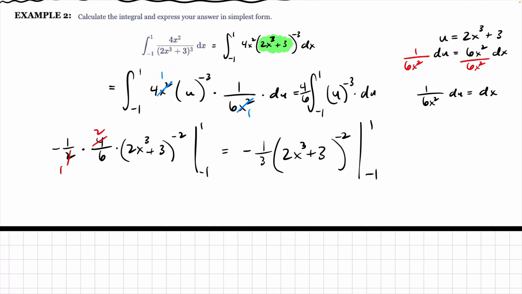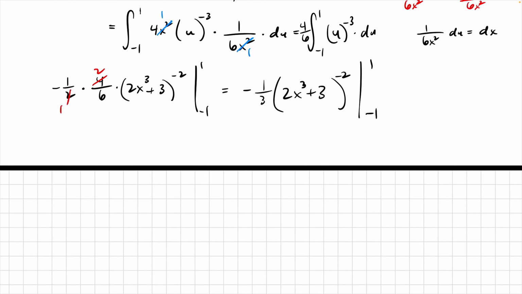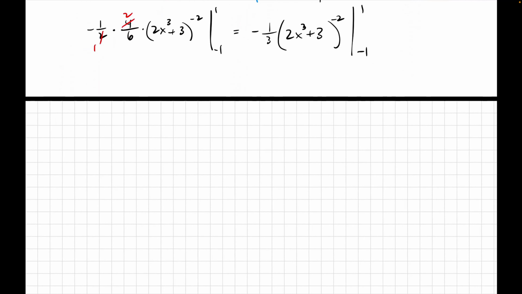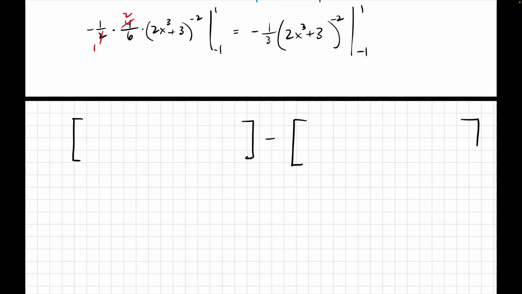Okay, so everything I've done so far, you guys have done before. The next step is exactly what you've done before too. So the first thing I'm going to do is plug in the top bound, plug in the bottom bound, and subtract them. So it's negative 1/3, parentheses, 2x cubed plus 3 to the negative 2 power. Same thing over here.